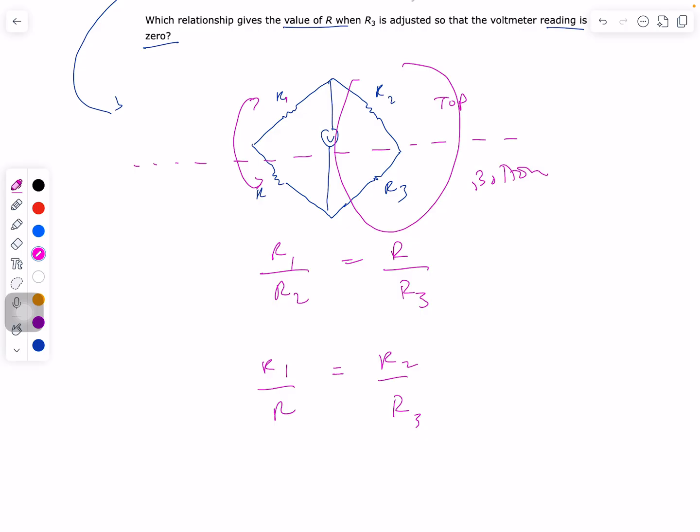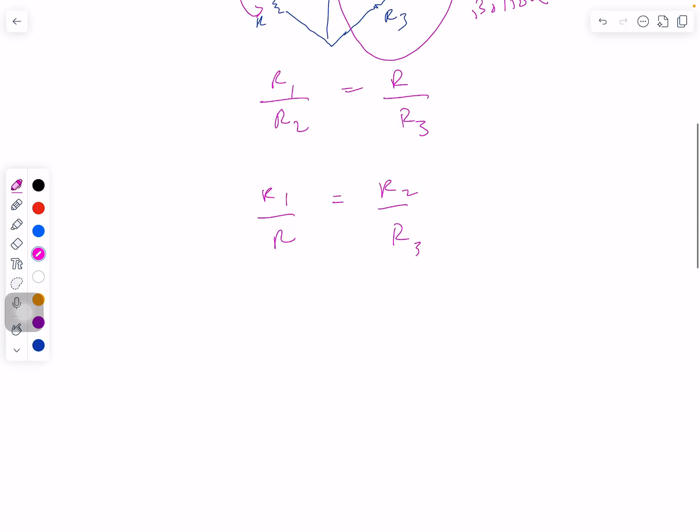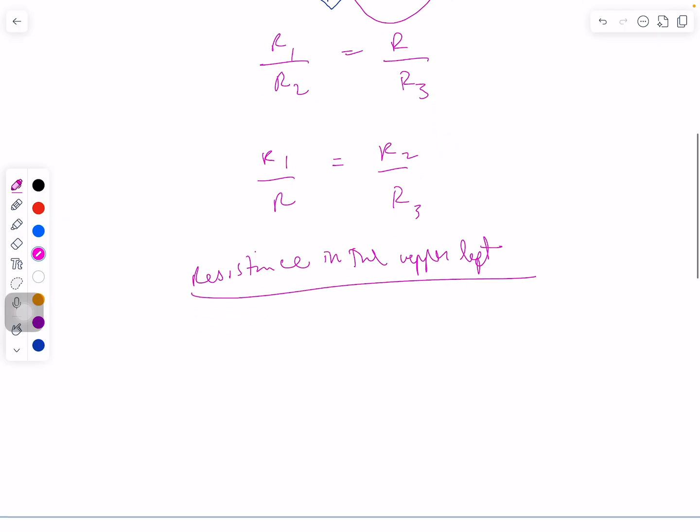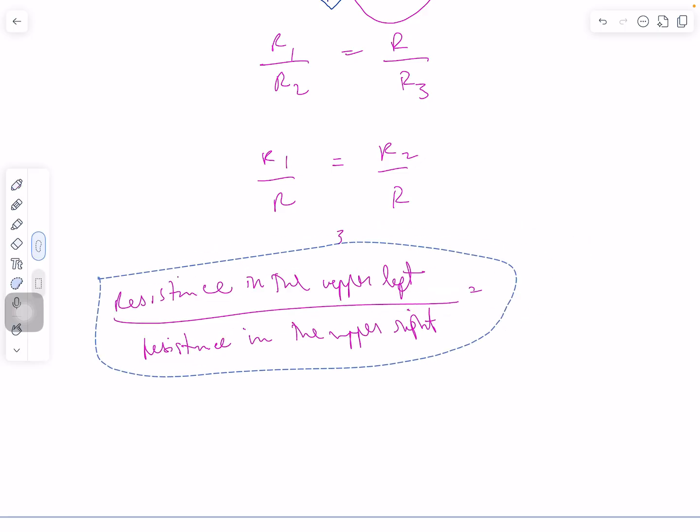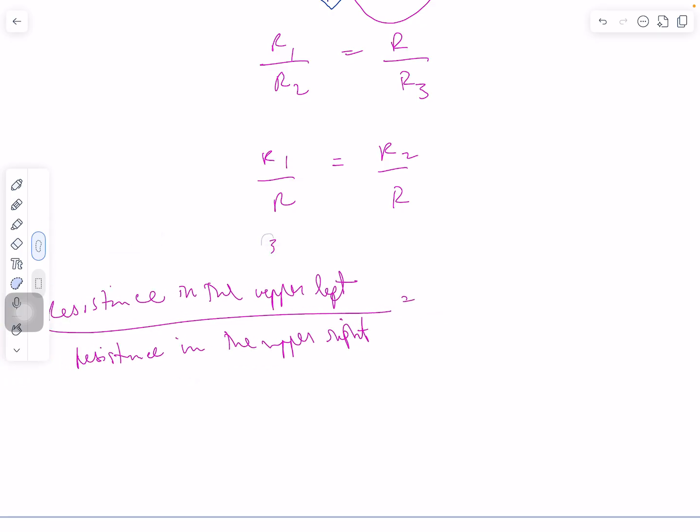So the way that we would actually set this up is by doing resistance in the upper left over resistance in the upper right is equal to resistance in the lower left over the resistance in the lower right.